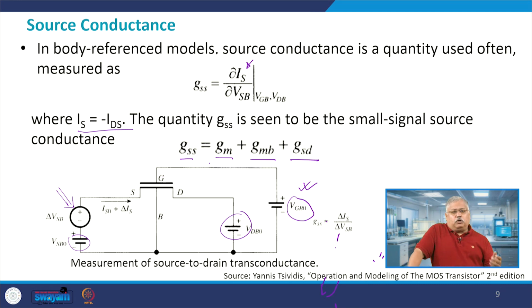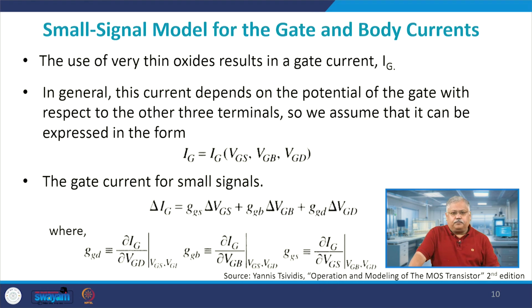Since I am giving a small change in the source to bulk, I would expect to see a change in the current, and this change in the current will be given by del IS del VBS or del VSB. Now, we have already defined this quantity as GSS approximately equals to this. This is with the condition that the gate to bulk and drain to bulk voltages are always constant, they are not varying, right, and this gives you a concept of source conductance or source modeling.